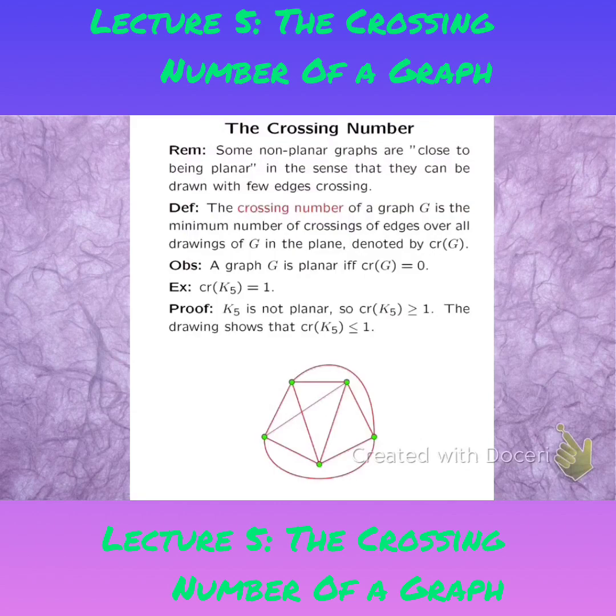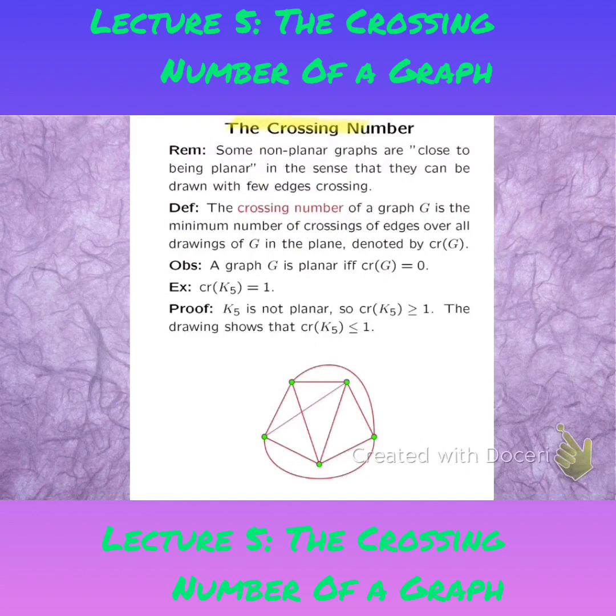what is the smallest amount of crossings that occur within a drawing of this particular graph? So taking that graph and looking at all its possible configurations, drawing it in all possible ways. If I look at the drawing of that graph with the smallest amount of crossings, then that is known as the crossing number of a graph.